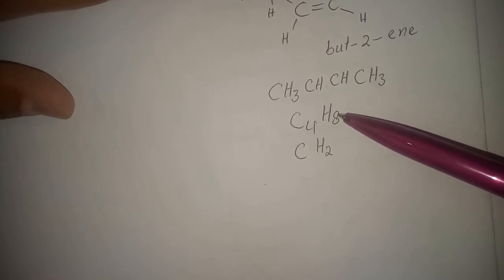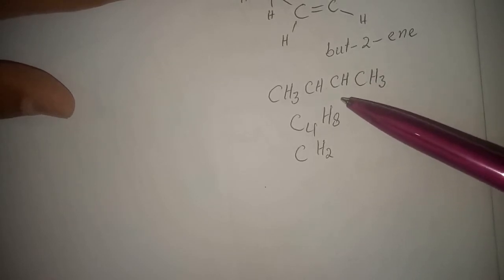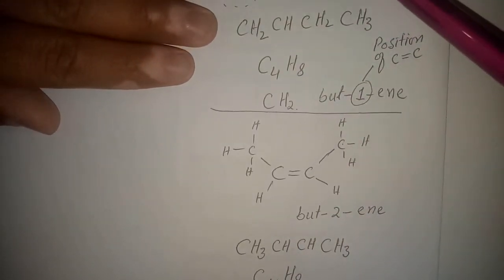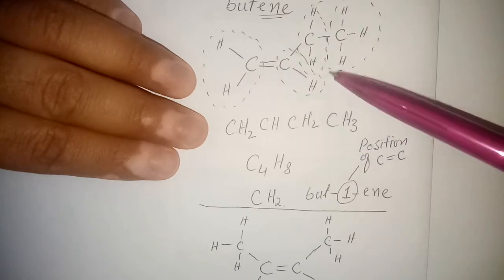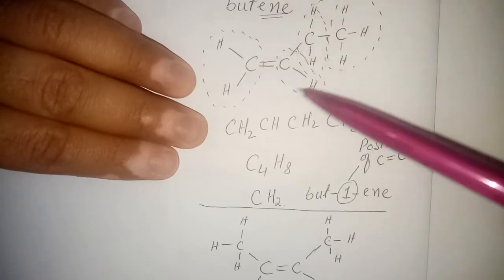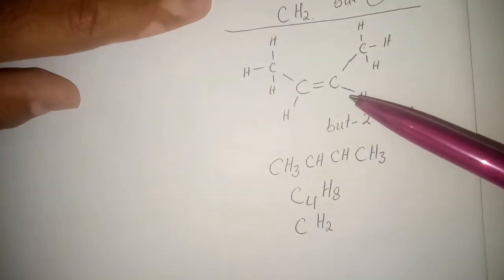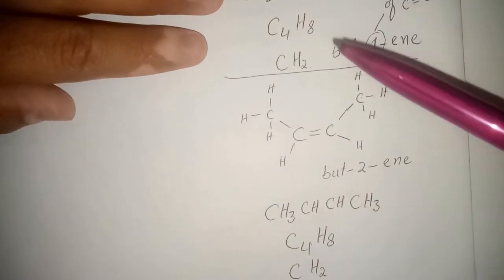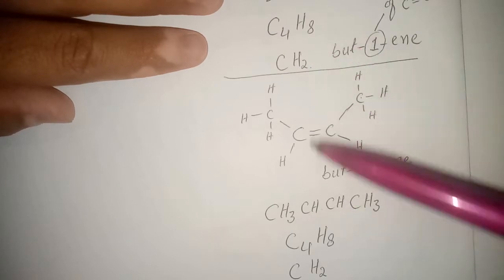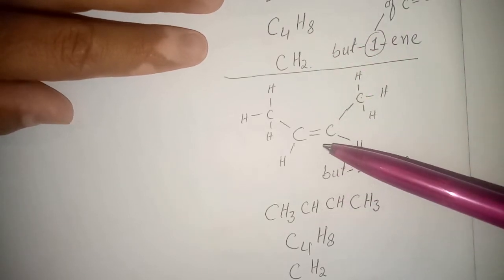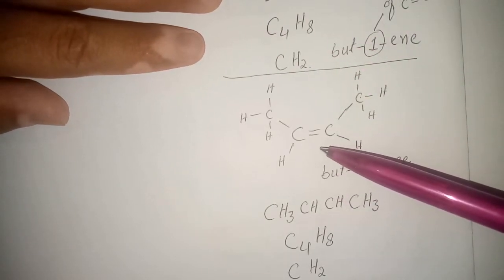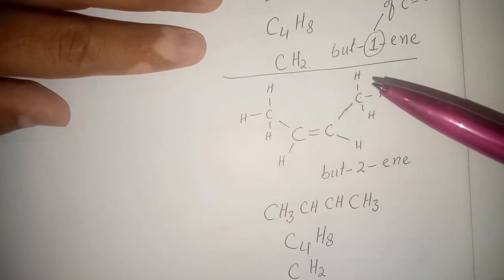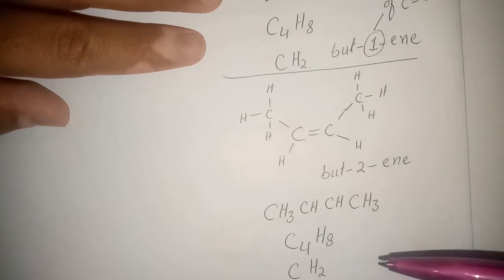It means these two molecules have the same molecular formula, but the arrangement of the atoms is different. You can see the arrangement of the atoms is different in but-1-ene and in but-2-ene, but both have the same molecular formula. So these types of molecules are termed as isomers.